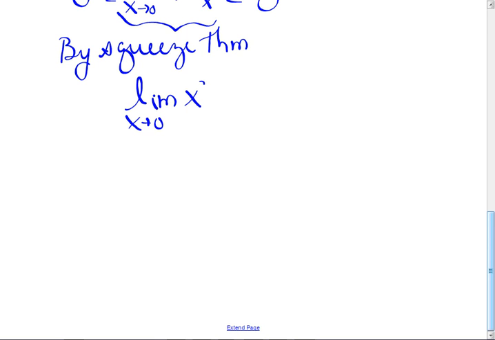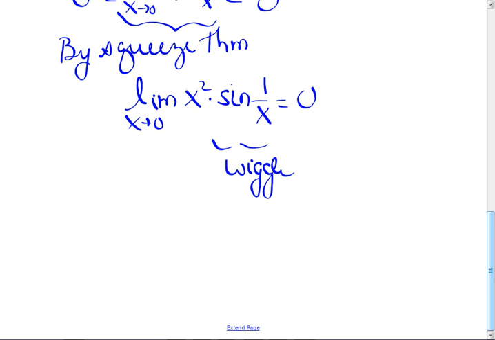But you can't just take x squared times the sine of 1 over x, because this is wiggling. This guy's wiggling too many times. And even though this is 0, 0 times a wiggle doesn't mean anything. I don't know if it's 0. In this case, it is.